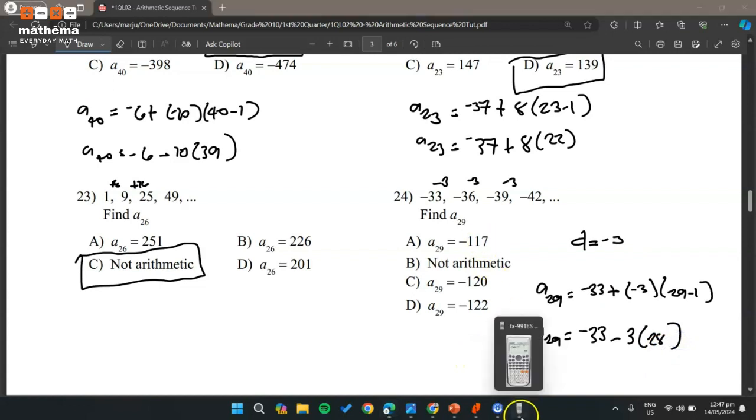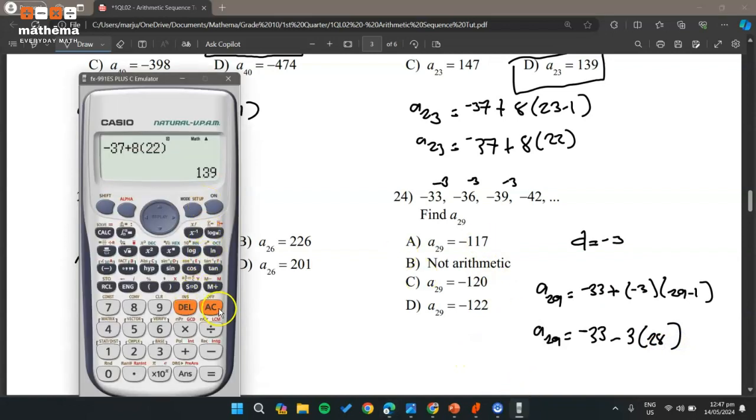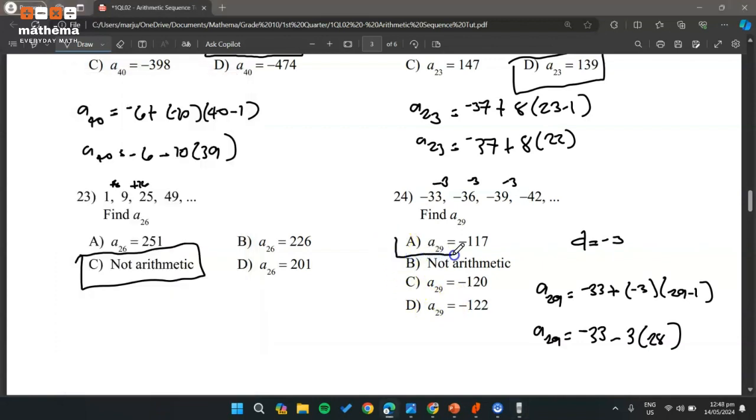Solving that for number 24, we get negative 33 minus 3 times 28, which gives us negative 117, and that is letter A. Alright, so that will be all for this topic about arithmetic sequence.